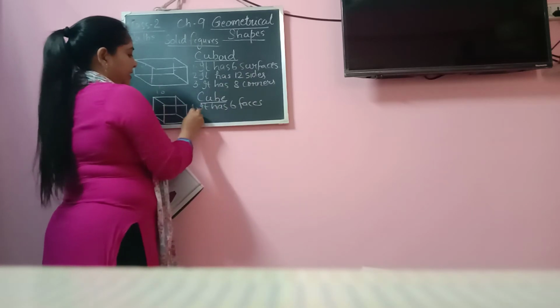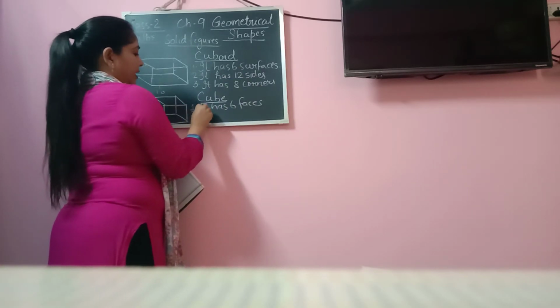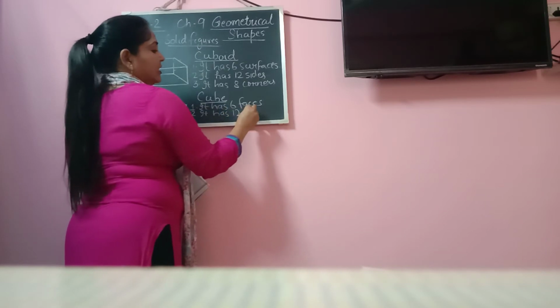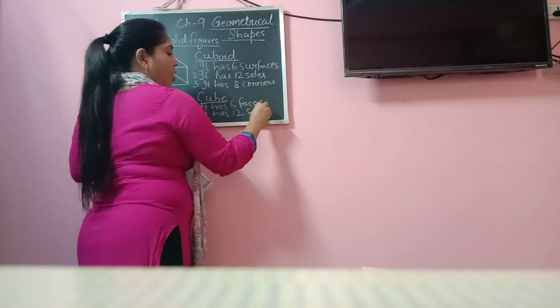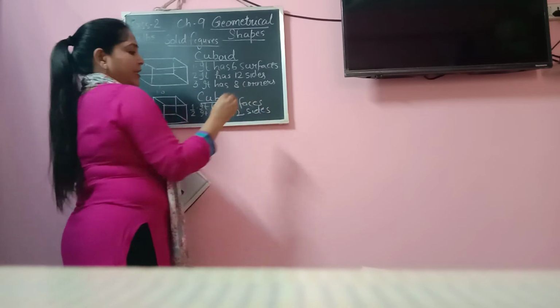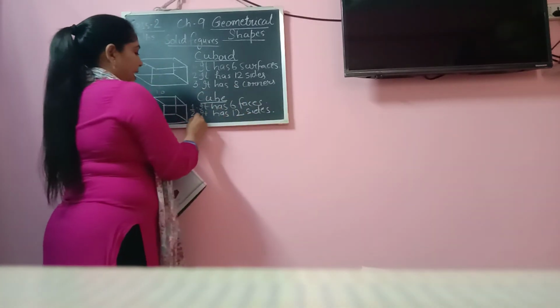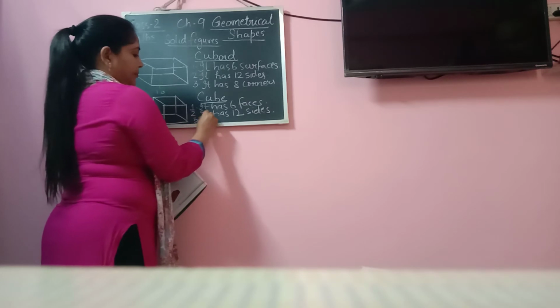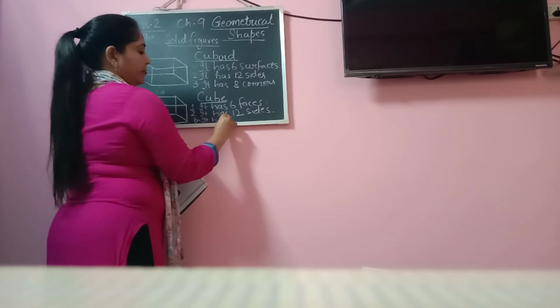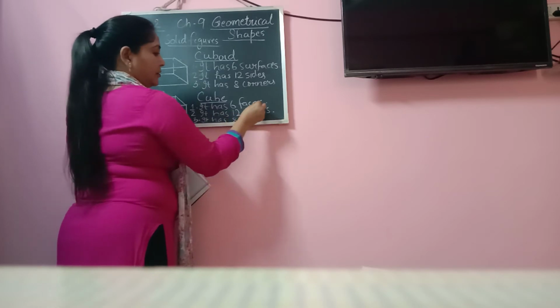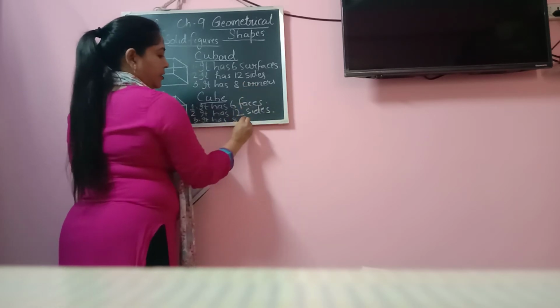Then, second point, it has 12 sides or edges. Sides and edges mean the same. Then it has 8 what? Corners.